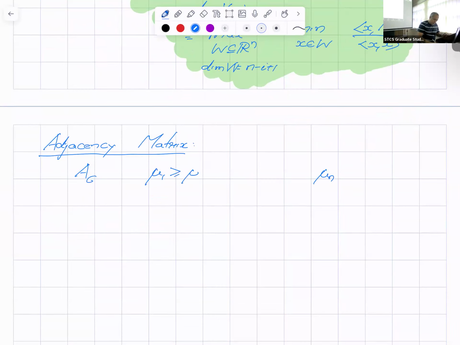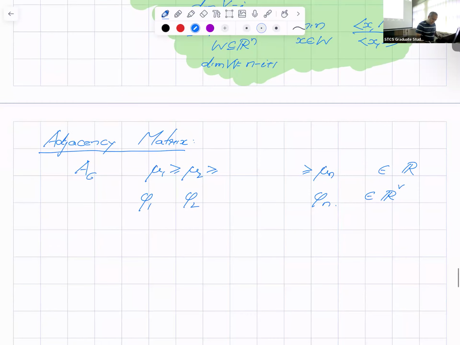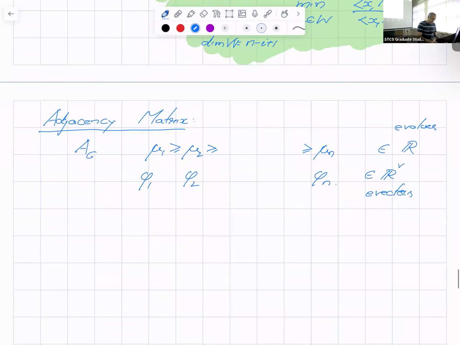And we'll say these are the corresponding eigenvectors, in R^n. In particular, mu_1 is what I'm going to call the largest eigenvalue.